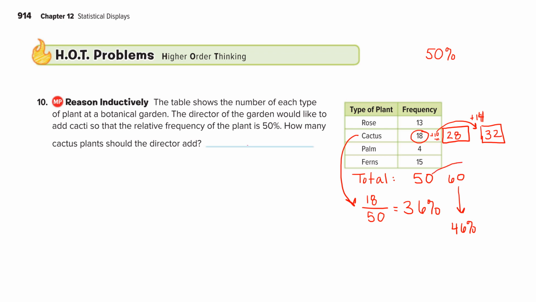And 50 plus 14, because we added 14 more, equals 64. And 32 divided by 64 equals 50%. So the answer is 14 cactus plants.